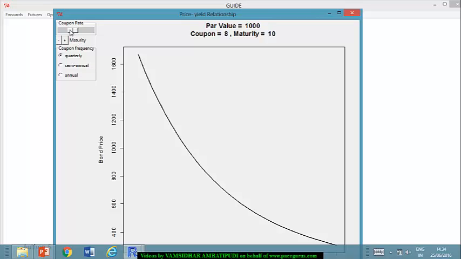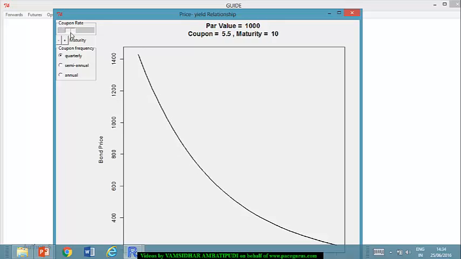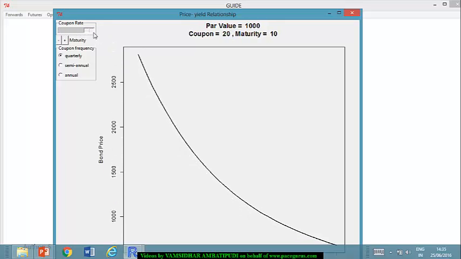Now I could decrease the coupon. If the coupon is decreasing, I could see that this is becoming more and more steeper. If I increase the coupon up to 20, I could see that it's becoming more and more flatter.